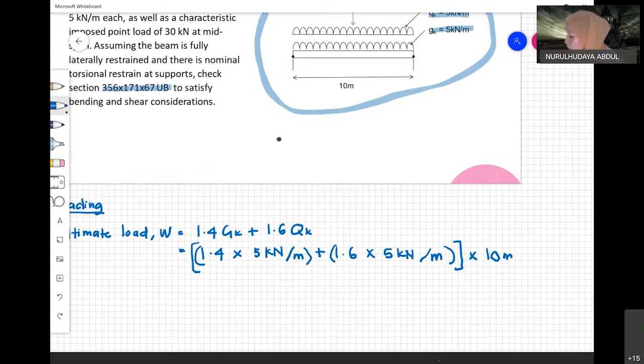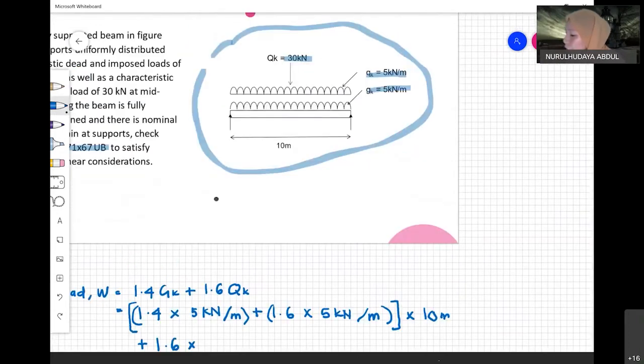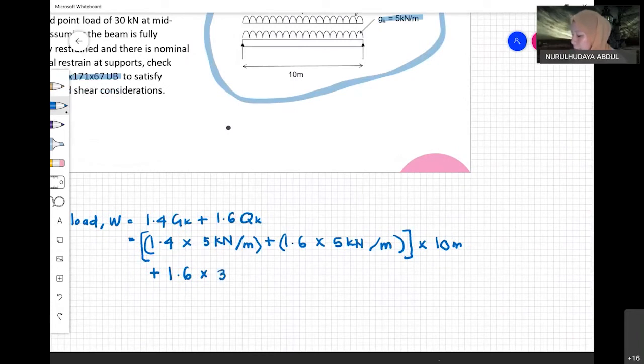And also we have another point load which is imposed load 1.6 times 30 kilonewton, but this one is already in kilonewton sebab dia point load. So terus je darab dengan 30 kilonewton, tak perlu darab length sebab dia dah memang point load, dah dalam kilonewton. Okay, bukan UDL lagi, kita calculate dulu yang inilah.